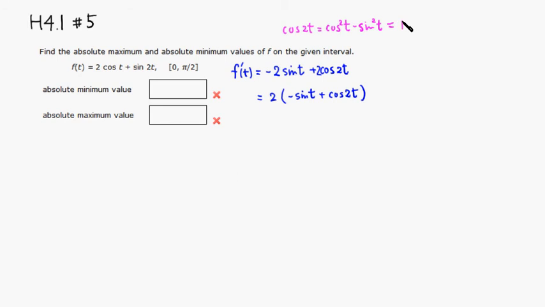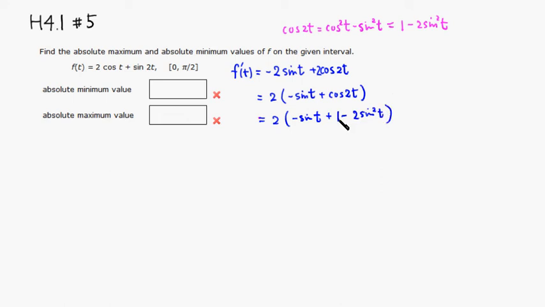This is also 1 minus 2 times sine squared of t. So let's put that in here. We have 2 times negative sine of t plus 1 minus 2 sine squared of t.